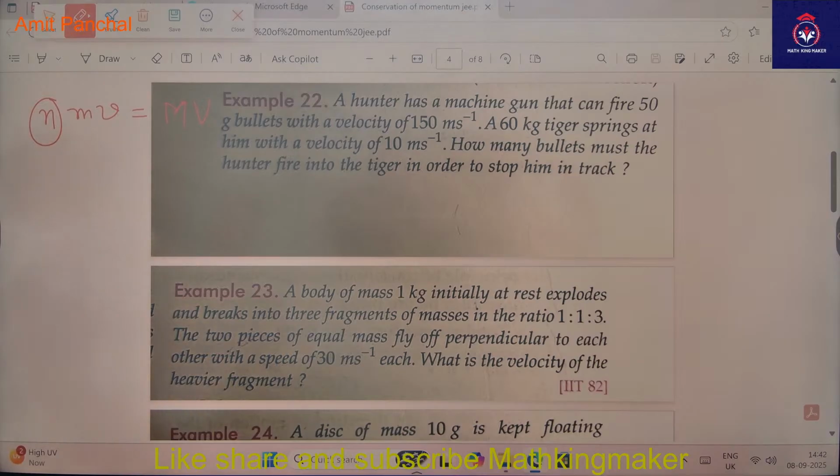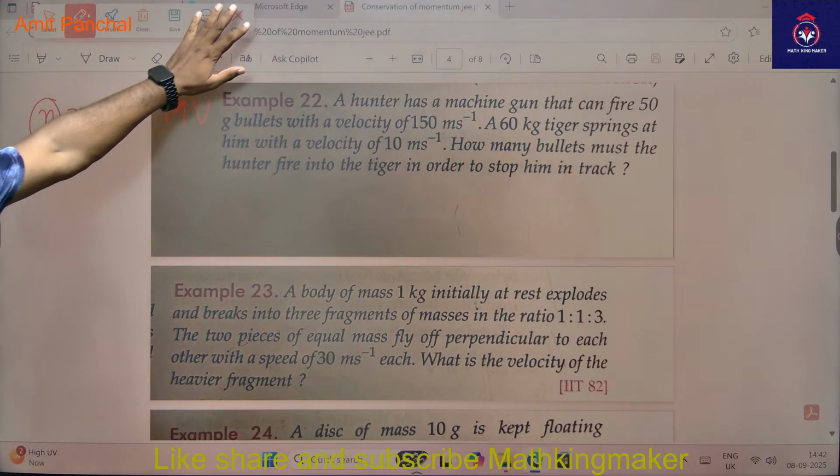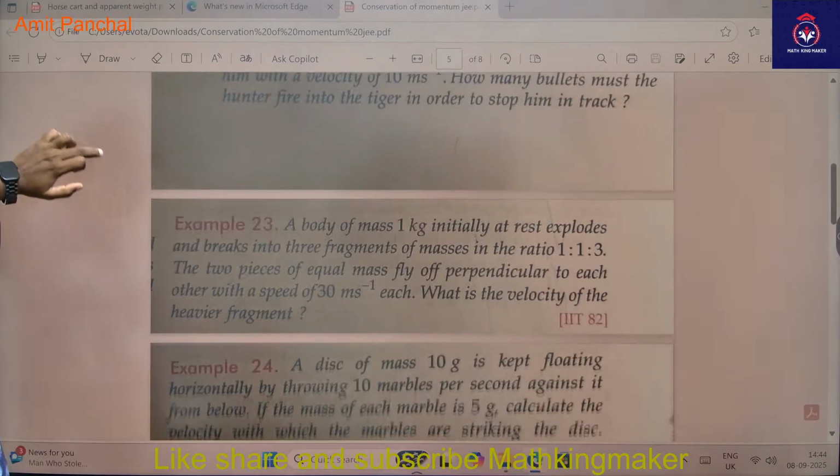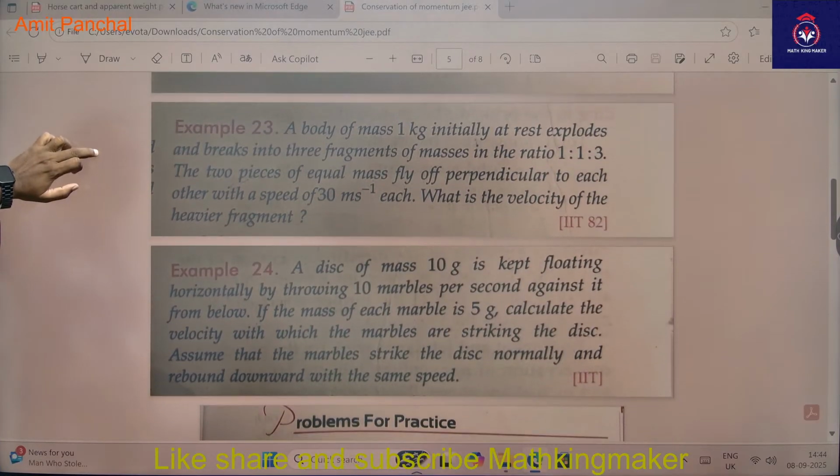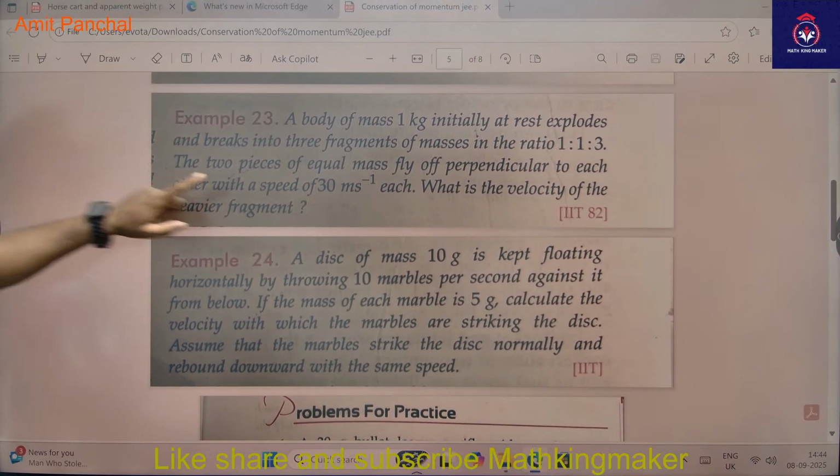Okay, so we are just scrolling it up. Just do it after the class. So now try to do the 23rd question. It's very important. It was asked in IIT 82. Before JEE it was IIT.